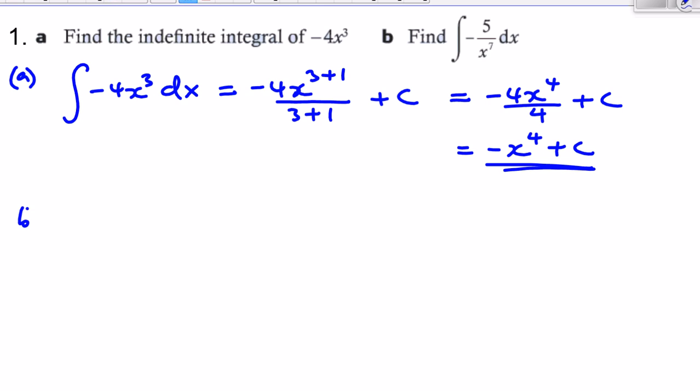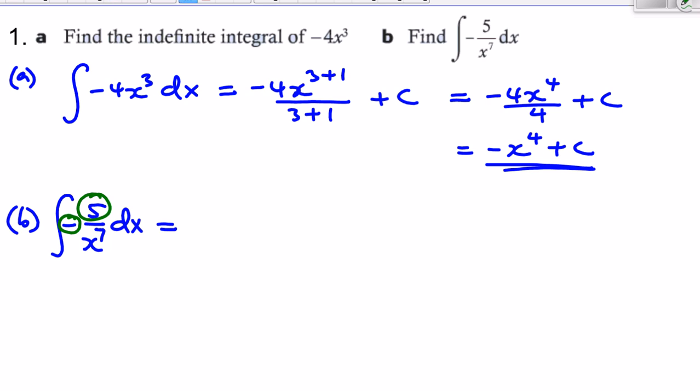Okay, b, the integral of negative 5 over x to the power 7 with respect to x. Now, first thing is you can always pull out these constants.